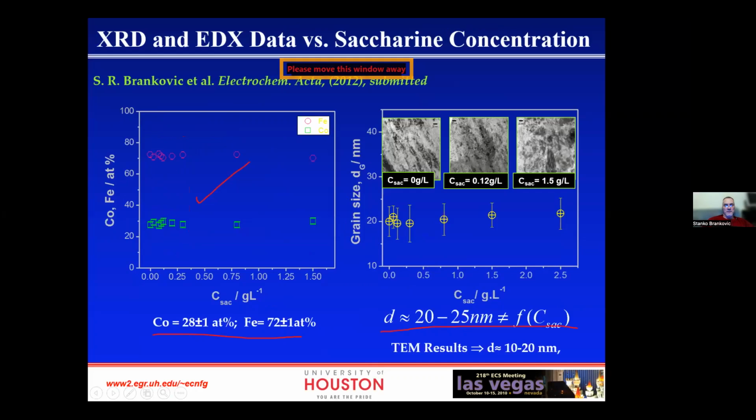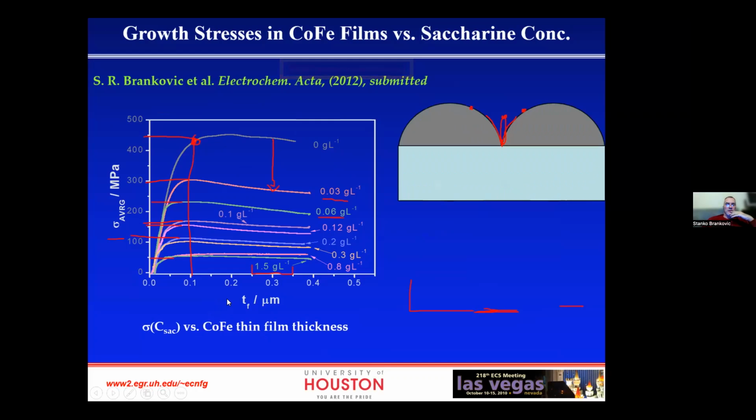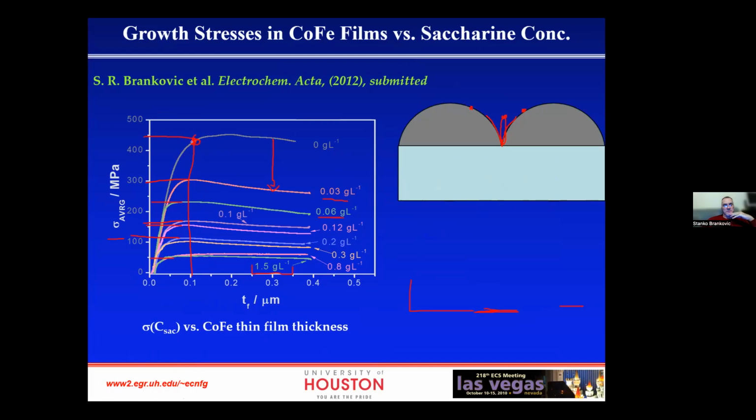And what we have discussed last time is the model in the literature, which describes the maximum stress in the film as a consequence of the grain zipping process.